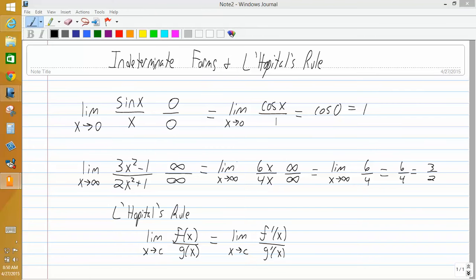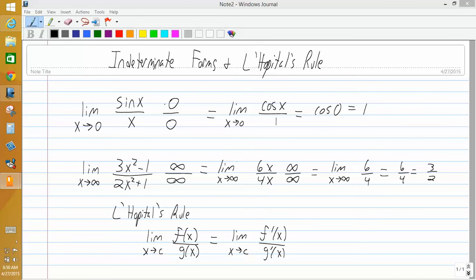You can also apply this if you have the forms negative infinity over infinity, or infinity over negative infinity, or negative infinity over negative infinity. So the infinities can be positive or negative, it doesn't matter. It either needs to be in this form or 0 over 0. Once it's in those forms, all you have to do is take derivatives.